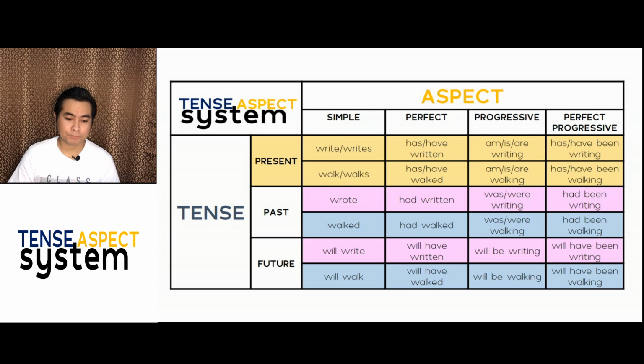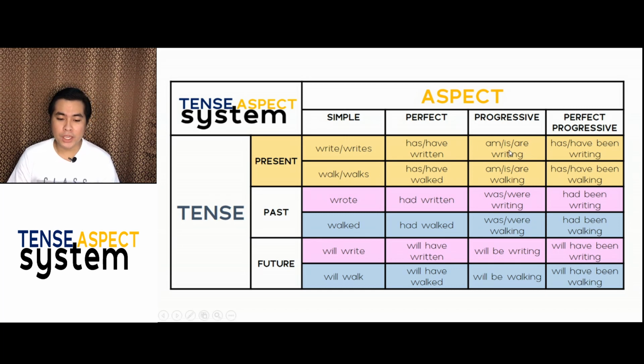So remember that. Well, for your present progressive, you have am, the be verb used for I. Remember the pronoun I. Then we have is for any singular subject, and are is used for any plural subject.